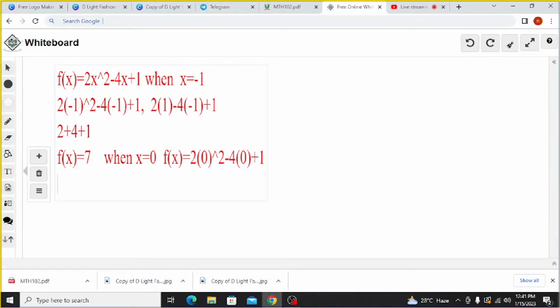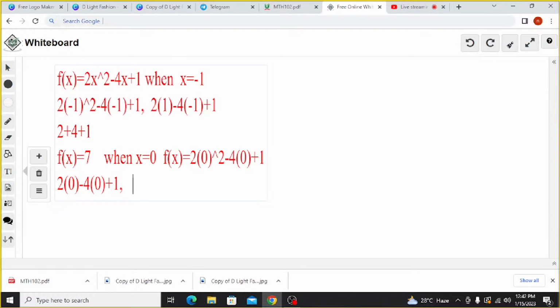So 2 multiplied by 0 raised to power 2 is 0, so 2 multiplied by 0, minus 4 multiplied by 0, plus 1.